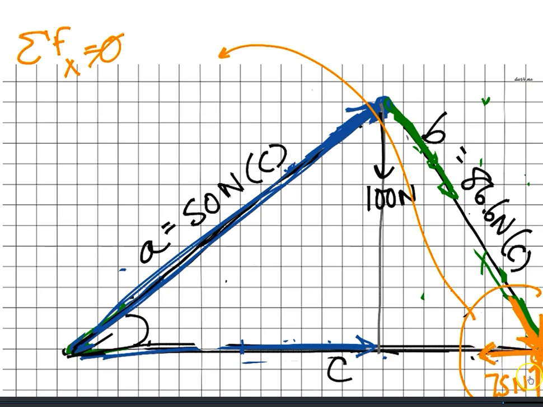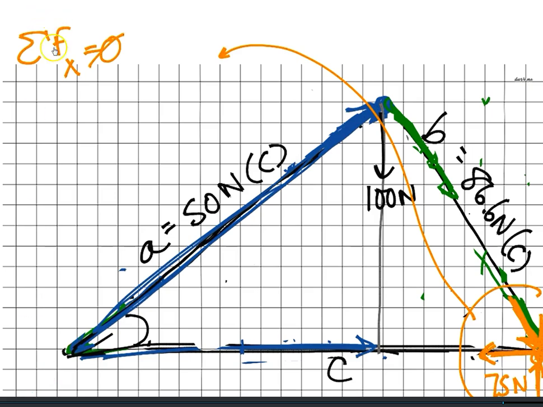This upward force is our reactive support force that we figured out in the very first step. And then we have the two members here, C and B, and those are the only three that come together here. So we need to decompose member B into its X and Y components. Member C is only horizontal. It doesn't have any vertical component at all.